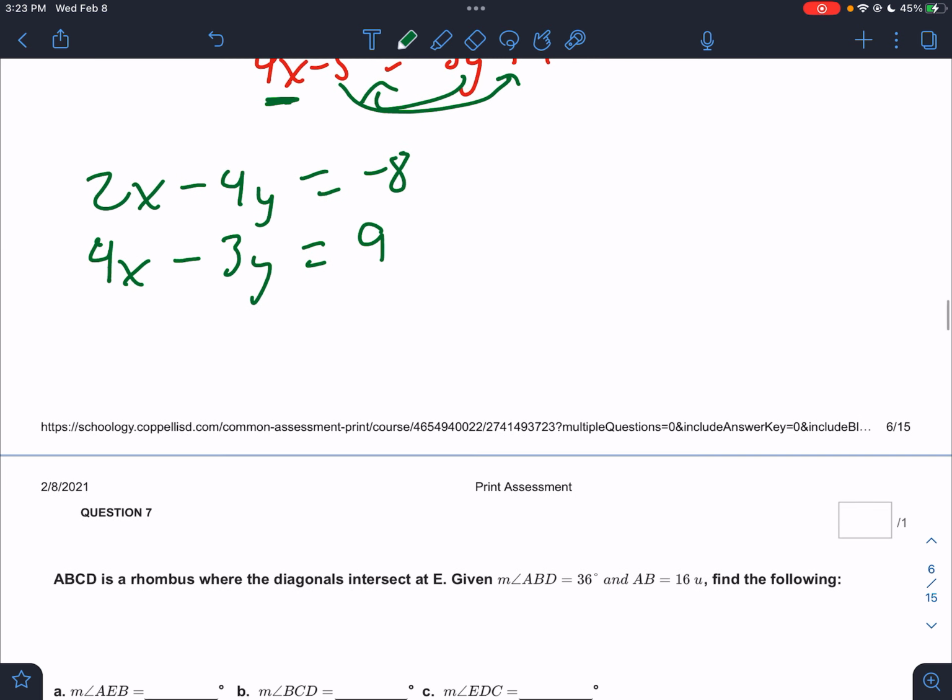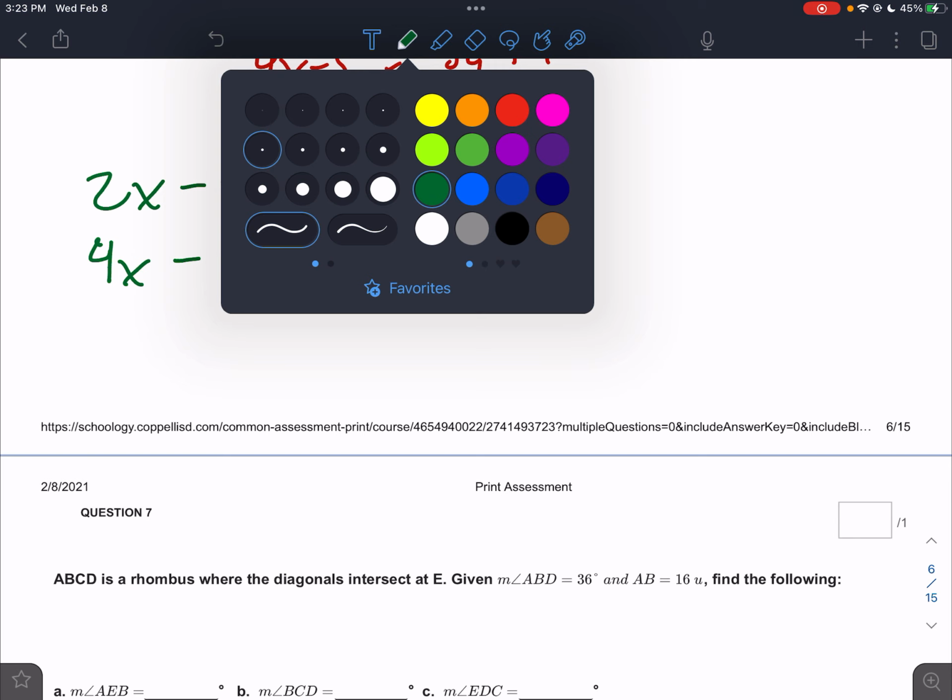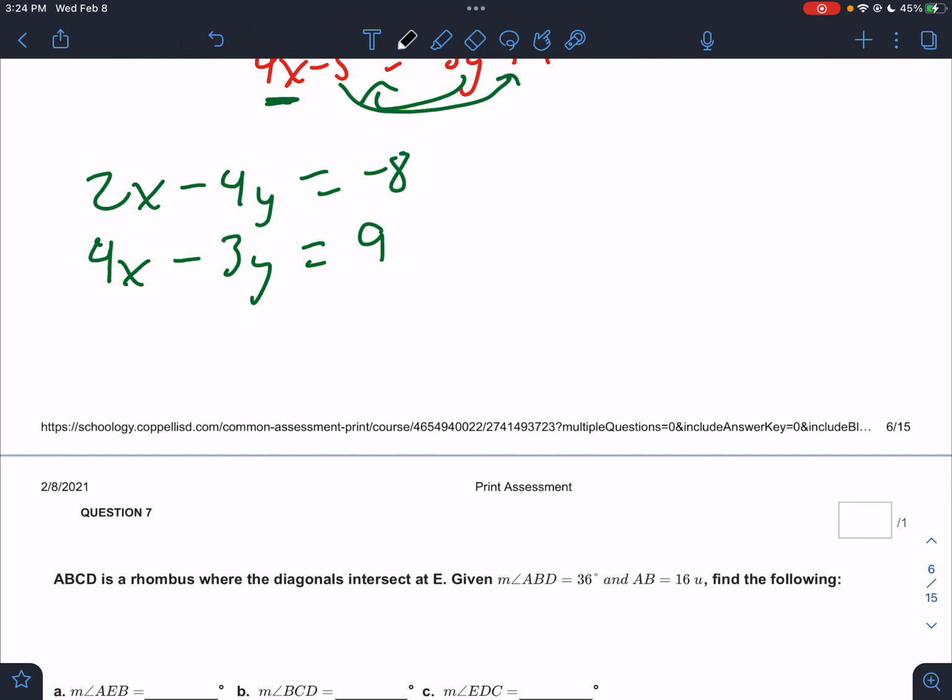We talked about this in class, but we can multiply an equation by any number we want. Right now the x's are both positive, the y's are both negative. I want one positive, one negative, and I want them to be the same number. The easiest way to pull that off that I can see is to multiply the first row by negative 2.